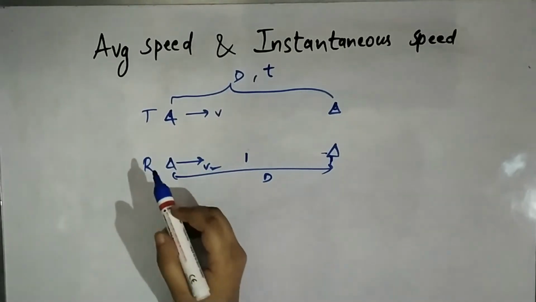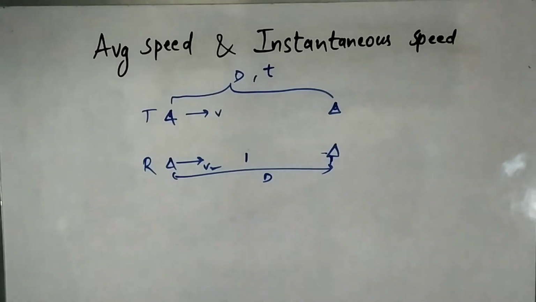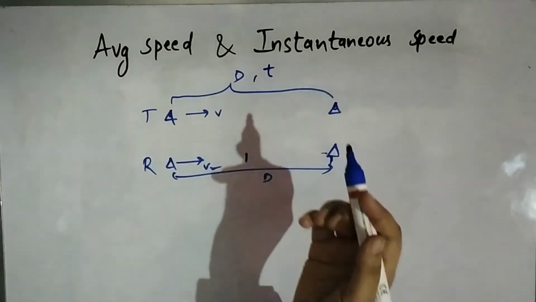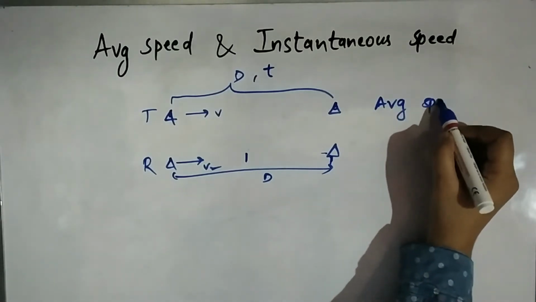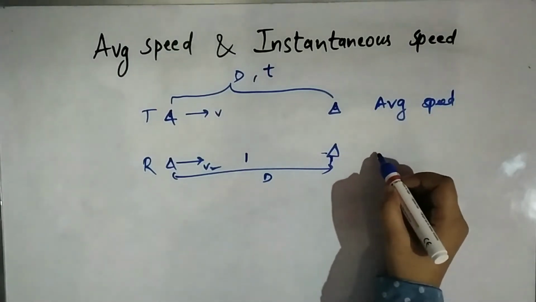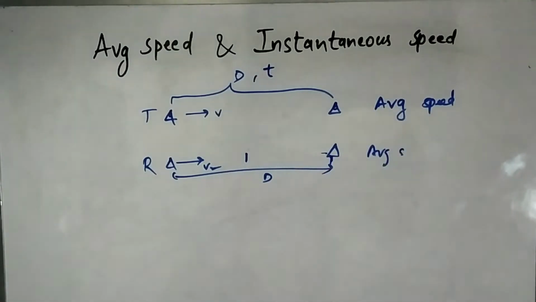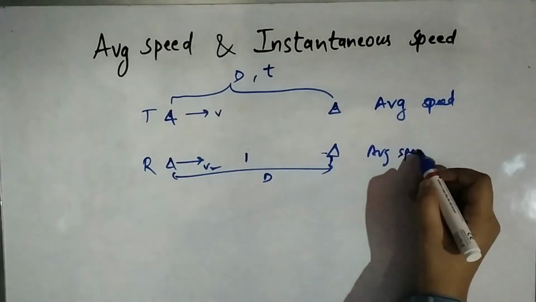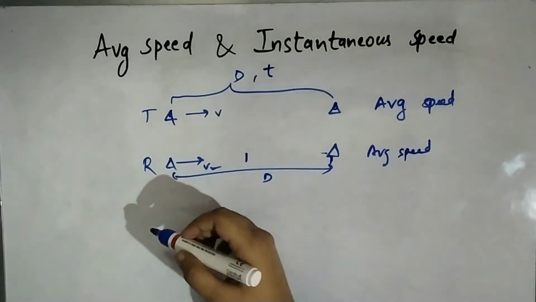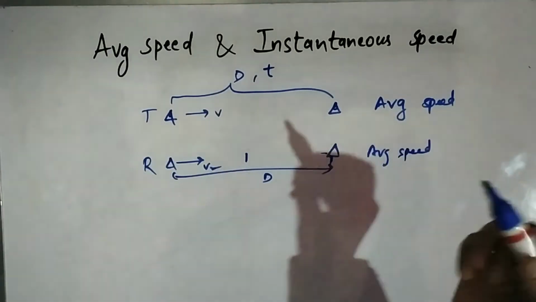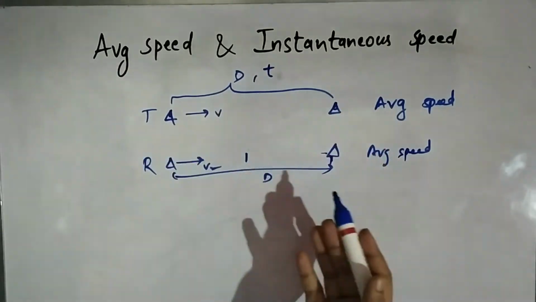So here we'll take the help of our two speeds. The average speed of both tortoise and rabbit will be the same. Why? Because they have covered the total distance in the same amount of time.